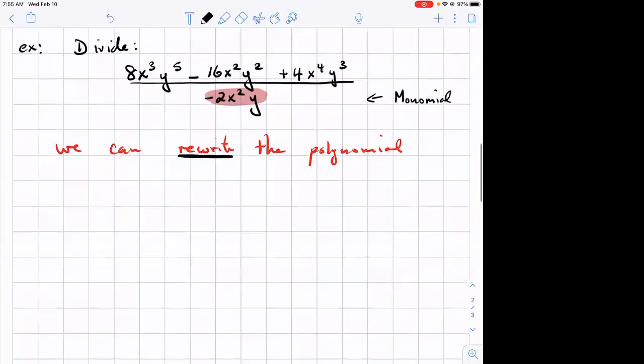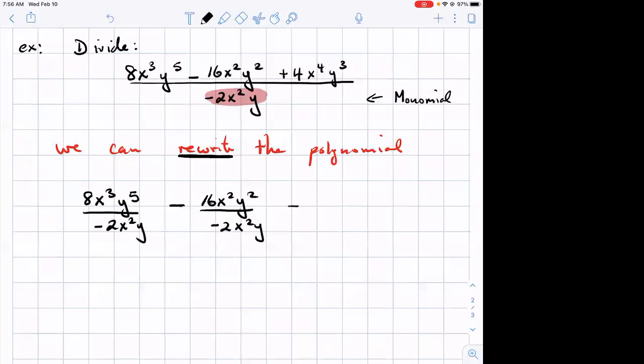So we have 8x cubed y to the 5th divided by negative 2x squared y, then minus 16x squared y squared divided by negative 2x squared y, and then plus 4x to the 4th y cubed over negative 2x squared y.